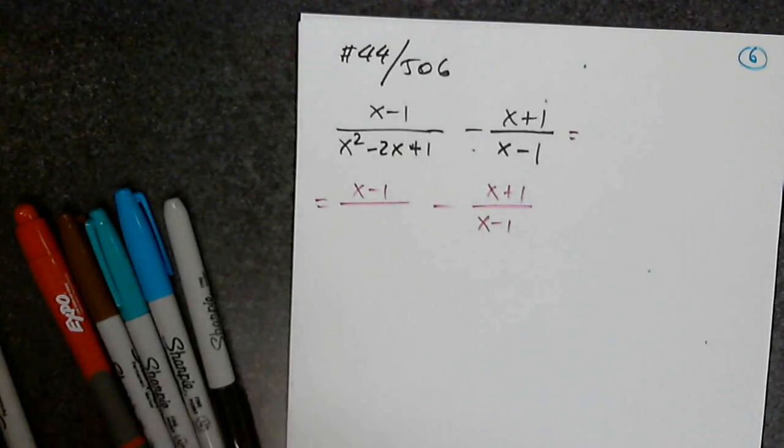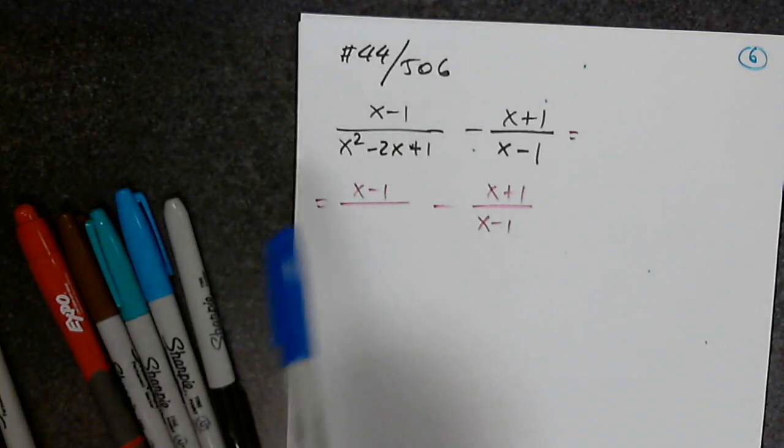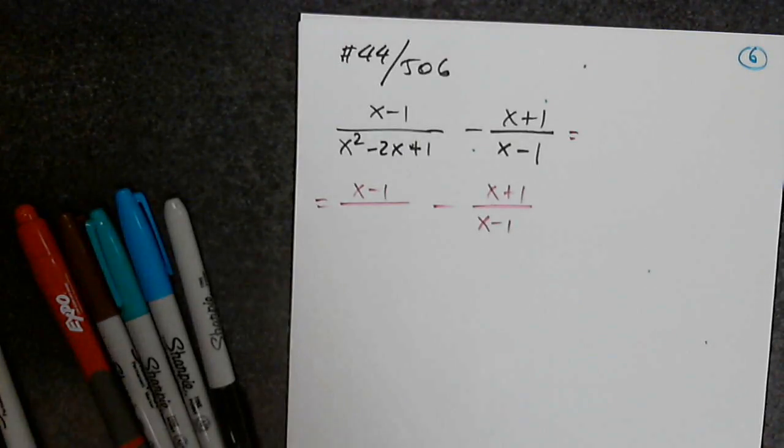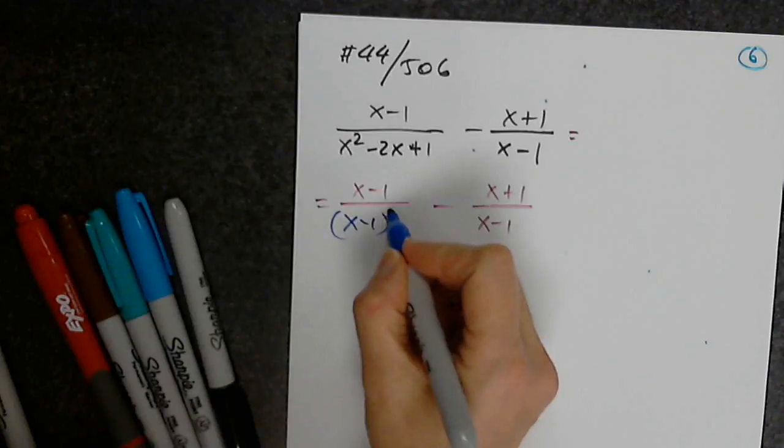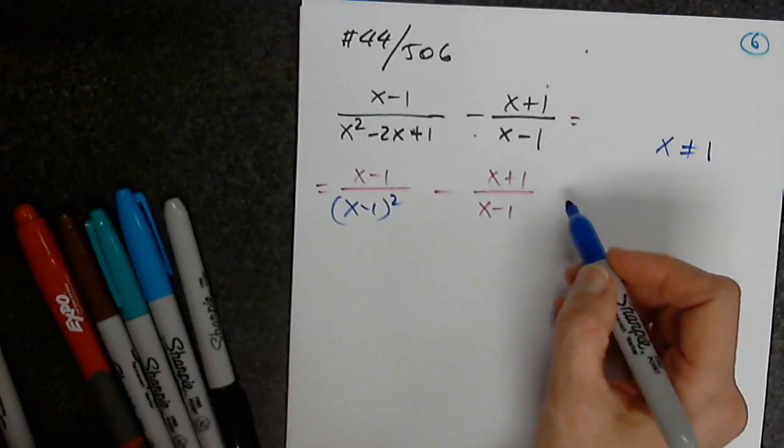So how do we factor x squared minus 2x plus 1? This is the formula that we discussed on the first day of classes. Yes, thank you. How many restrictions will I have to write then? One. Very good.